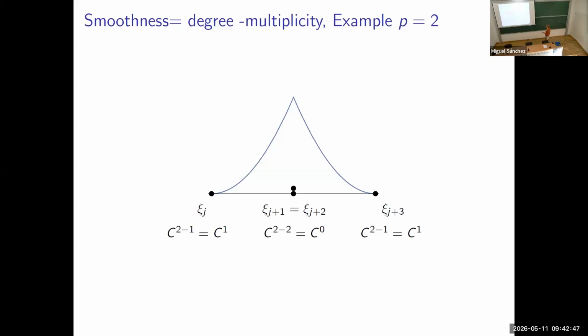The smoothness is degree, here degree 2, so 2 minus simple multiplicity 1 is 1. So smoothness is C1. In the center, degree 2 minus multiplicity 2 gives us C0. And similarly, here we get C1 at the simple knot. You only use the knots of the B-spline to define the multiplicity in this case.